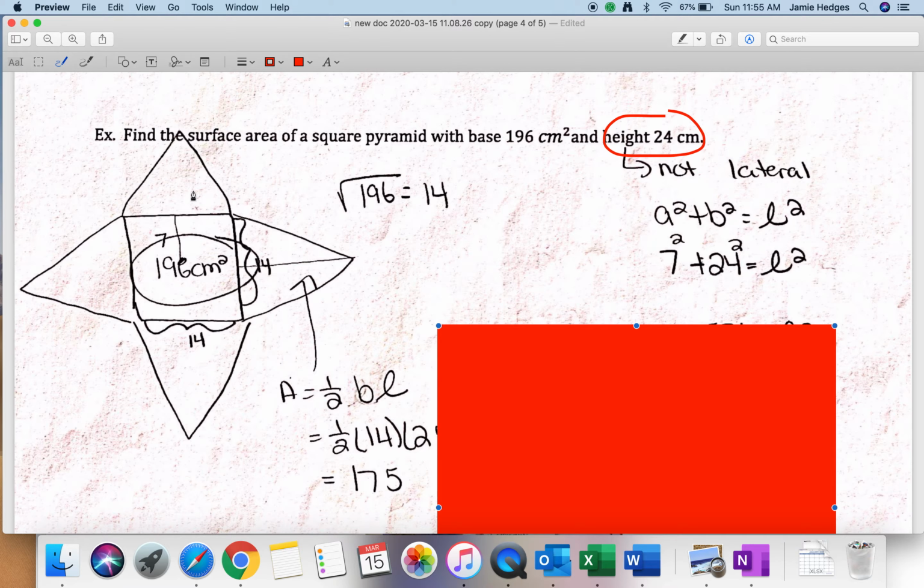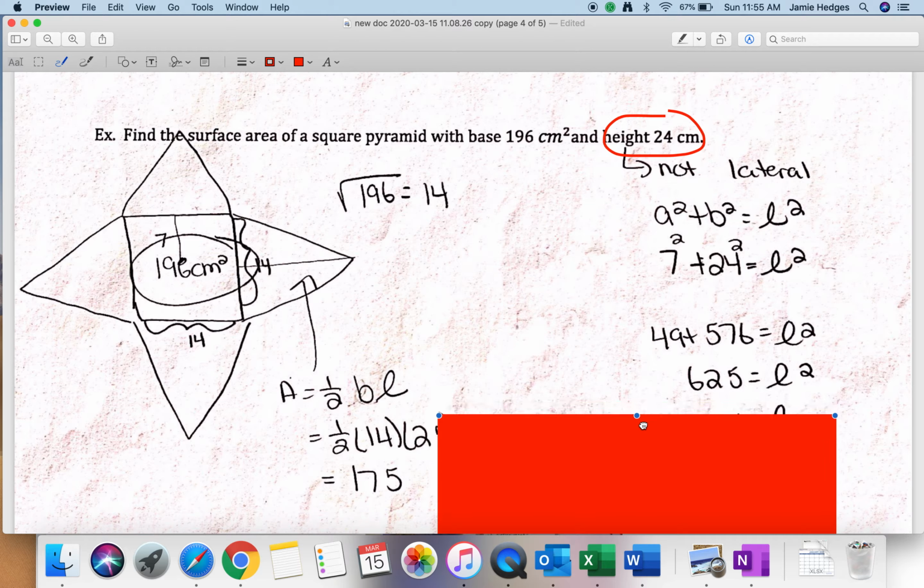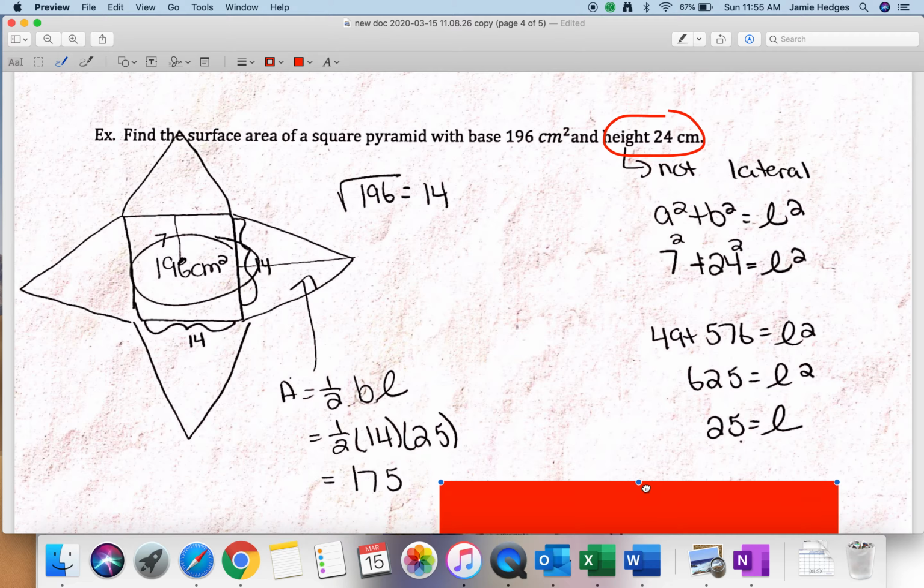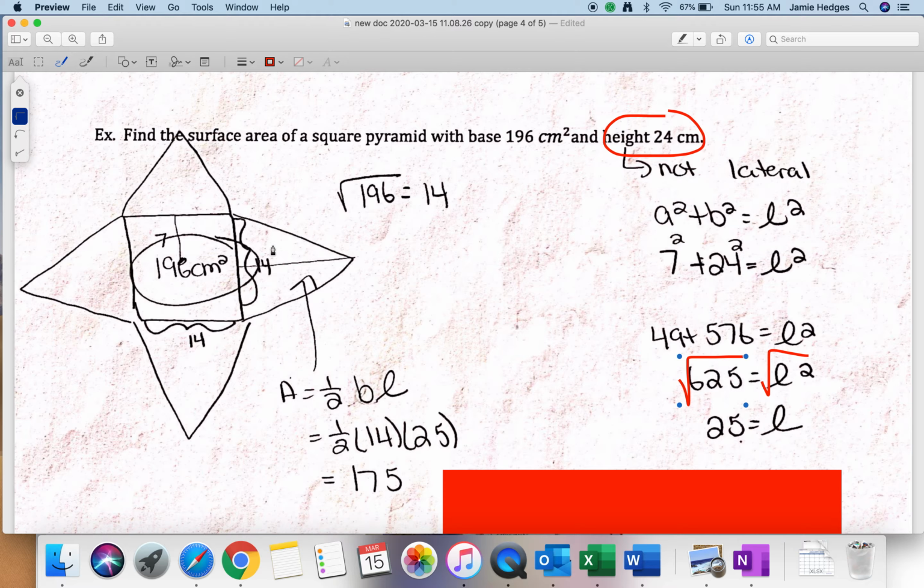So 7 squared again, because that's halfway across to that perpendicular bisector, plus 24 squared because it's the height, and I'm going to solve for L. So that's going to give me 625 is equal to L squared, taking the square root of both sides. That gives me L is 25.